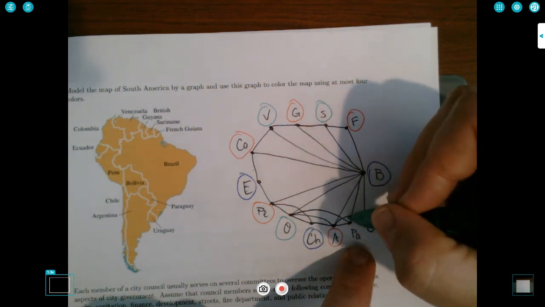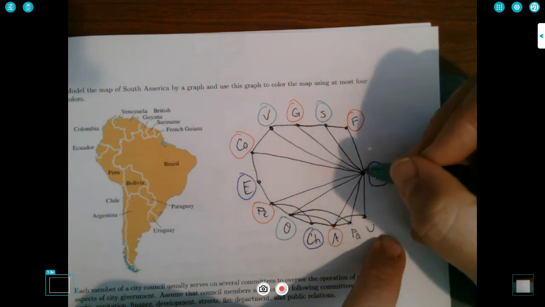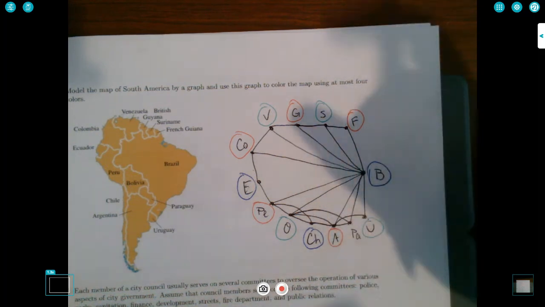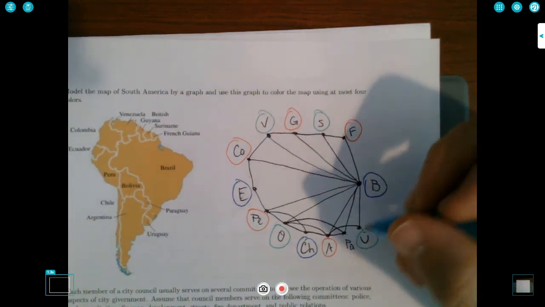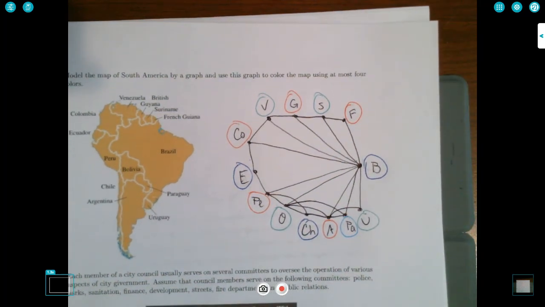Here I can't use green, but here I can. This is connected to blue, it's connected to a red, and that's it. So green. So then finally this last one I can color in with like a light blue type of color. Okay, and there you go.